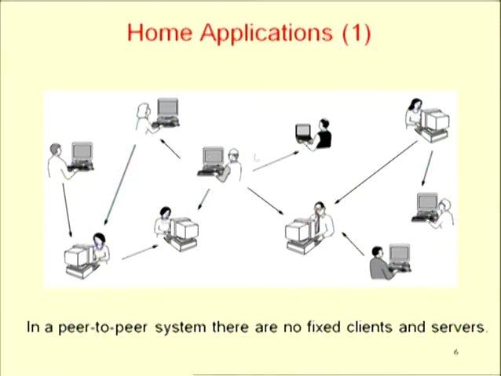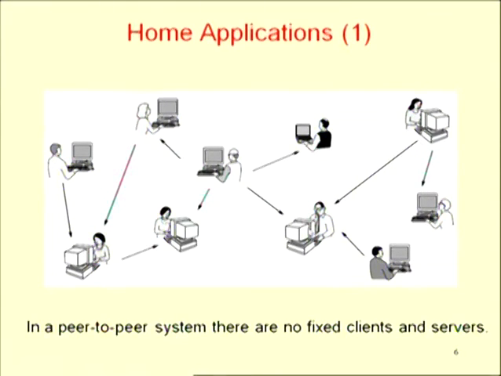Rather we will call them peers. So multiple peer computers are there, and they all are communicating with each other. It is presumed that these all are network connected. That is why they are all able to talk with each other.